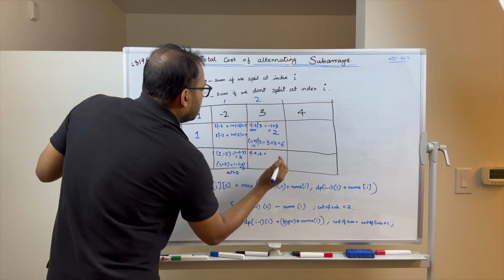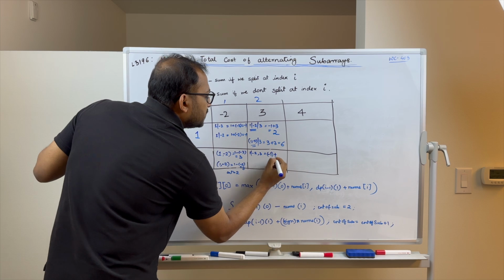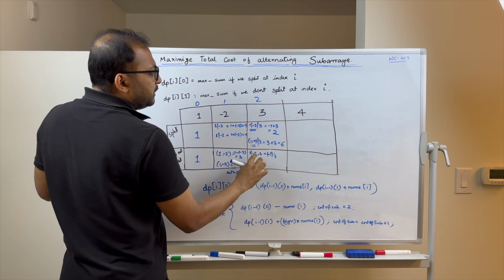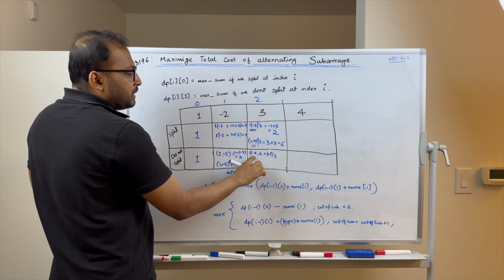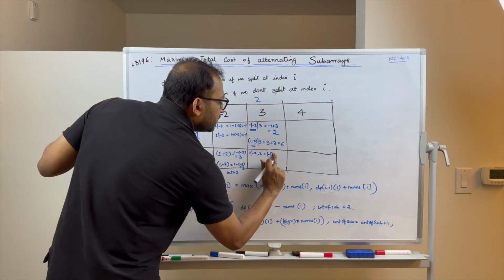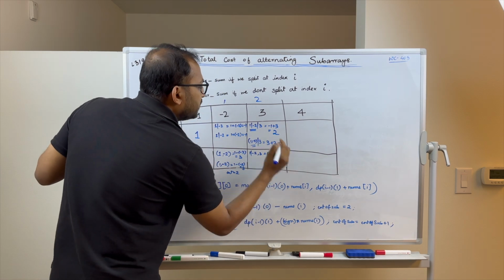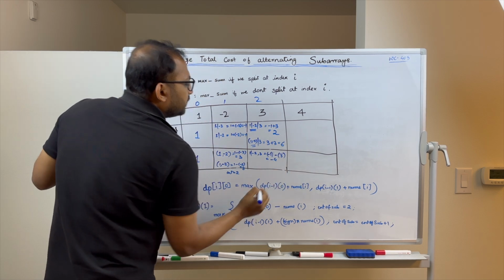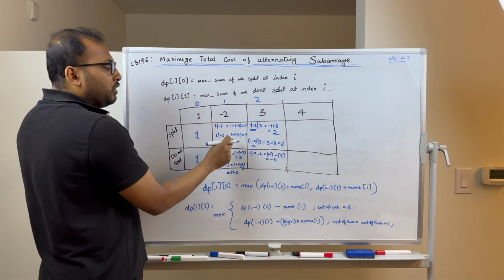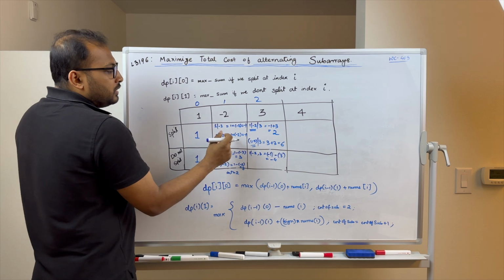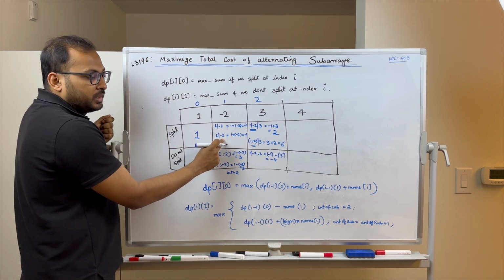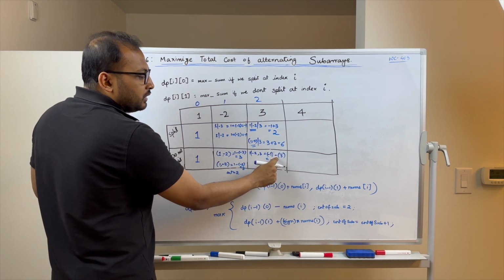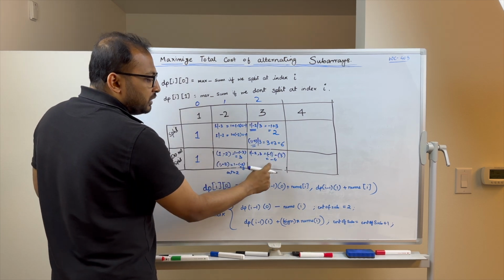It will be -1 plus, because this part is -1, and this element is already present in the subarray because there was a split here, so it will be minus the current element, which is 3. So that is -4. Why did we do minus? Because there was a split performed here and the element is -2. So the next element, when we include it, we have to add it with a minus sign. So minus this particular element, 3, which gives -4.